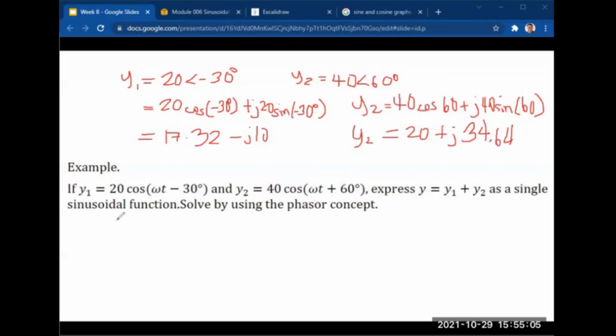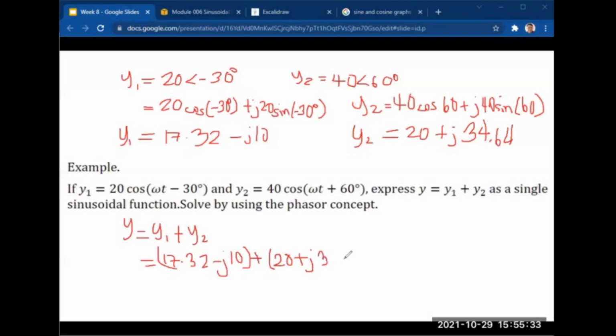Now we can solve for y. So we have y is equal to y1 plus y2. Here y1 is 17.32 minus j10 plus 20 plus j34.64.